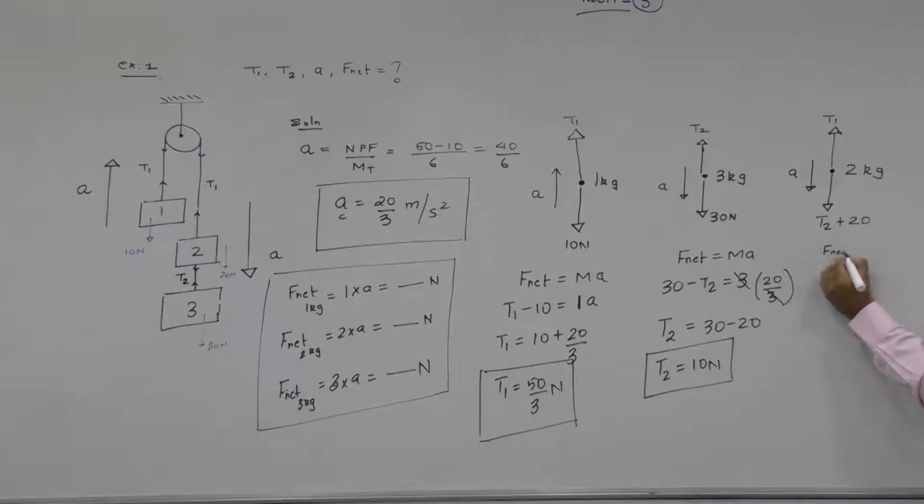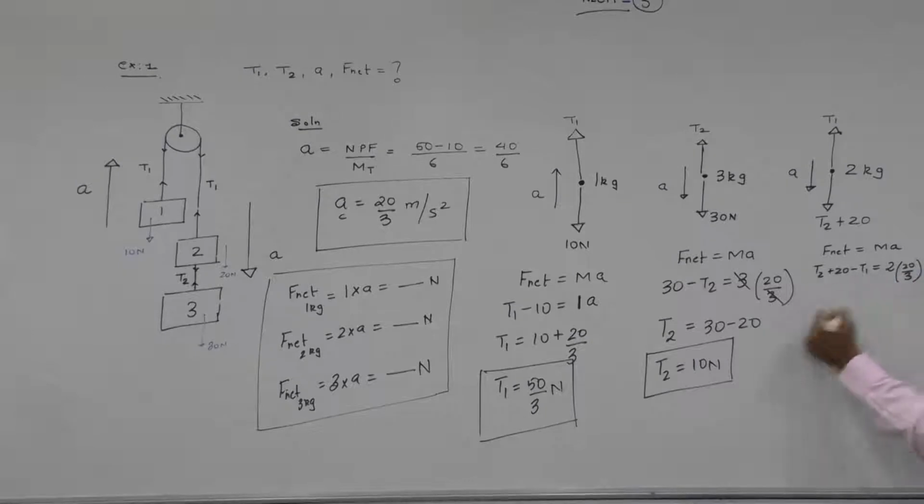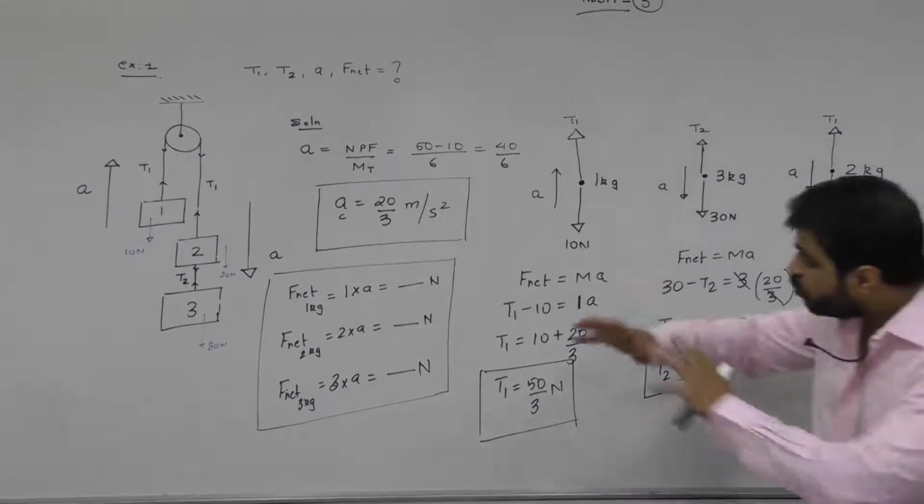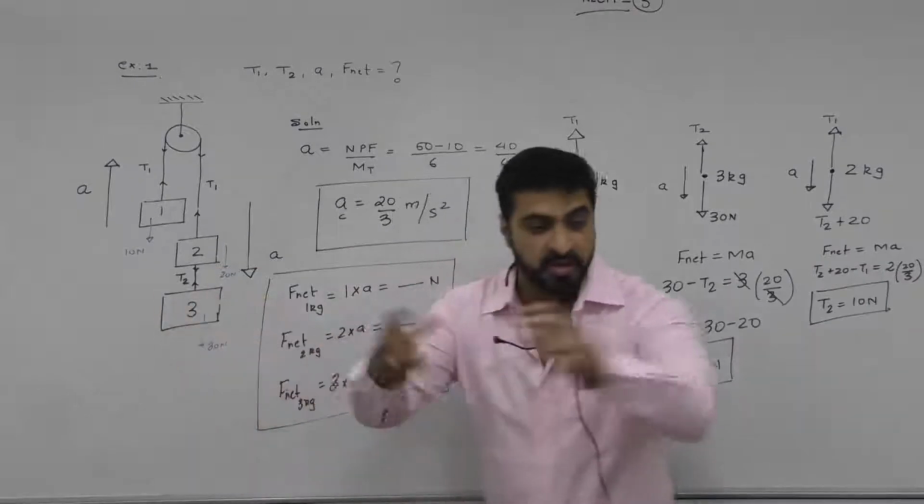Say F net is MA. What is F net? T2 plus 20 minus T1. How much is M? 2. And how much is A? You can solve for it. T1 is this, you put it here, you get the value of T2 and the same T2 will come as how many Newton? 10 Newton. Did you understand?